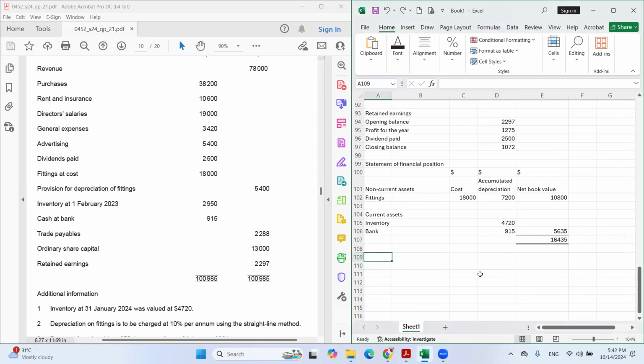Next is that because this is a limited company, we will have the equity and liability. We didn't call capital, we call equity. So the equity, we have the ordinary share capital. Ordinary share capital, no change of it.